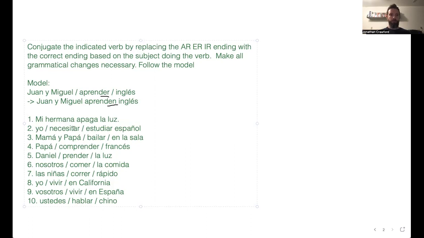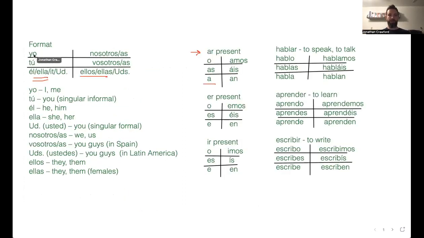Number two, yo necesitar estudiar español. I need to study Spanish. Yo necesitar estudiar español. So who's doing it? It says yo. Necesitar is an AR verb. We use the O. Notice that it's an O for all of them.